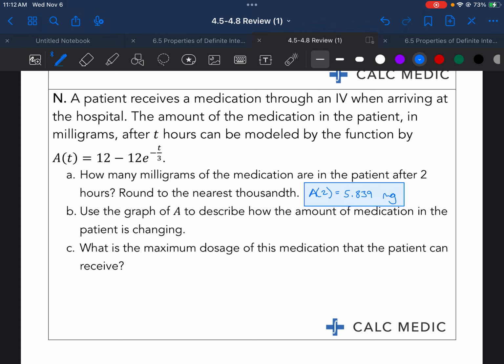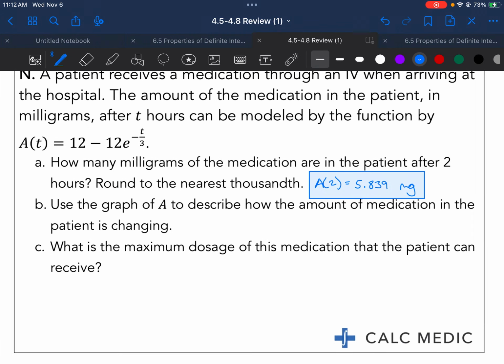I'm going to graph off the screen. All right, so it's looking like the graph of this exponential is increasing rapidly, and then it's going to start to increase more slowly, specifically towards that horizontal asymptote of 12.